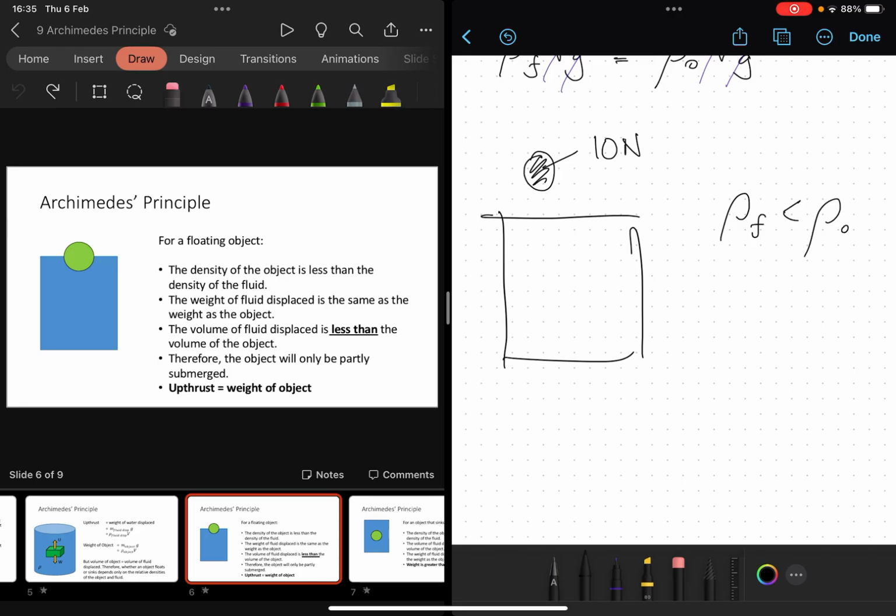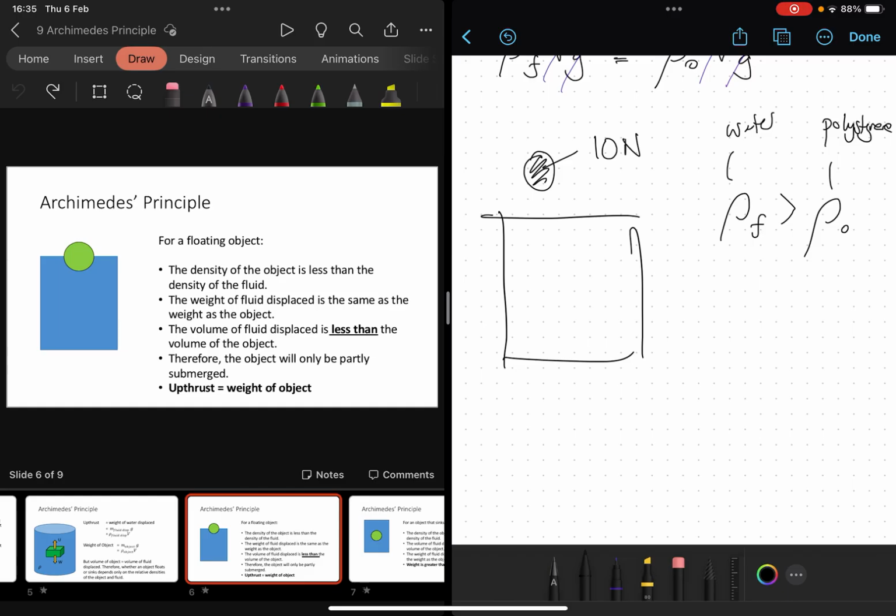An example of this would be something like a polystyrene sphere and water. You would expect that polystyrene sphere to float on the top of the water because it has a lower density than the water. Sorry, I've got that wrong. Let's just change that to a greater than sign. The density of the fluid is greater than the density of the object.